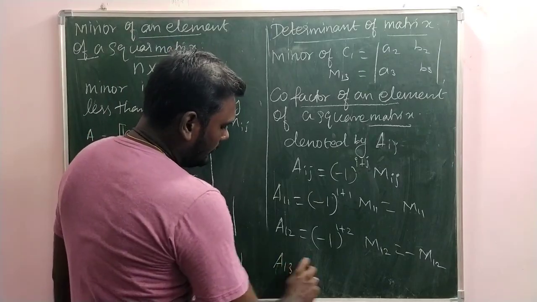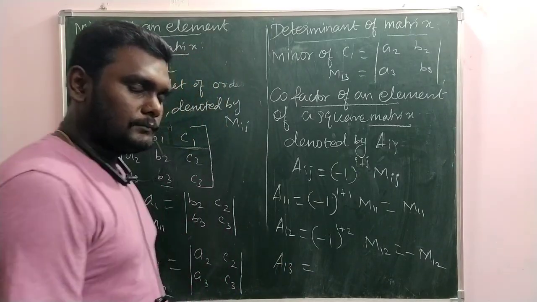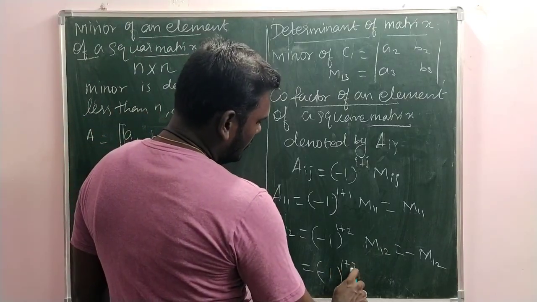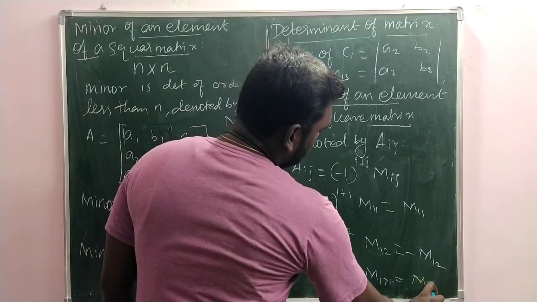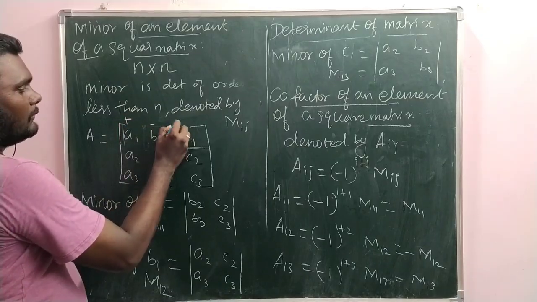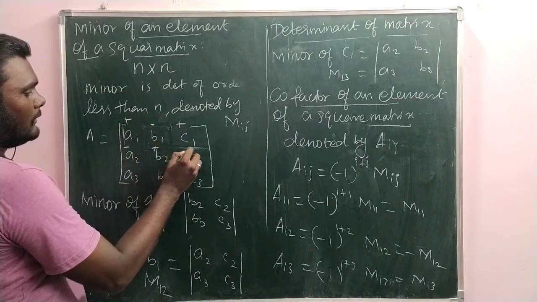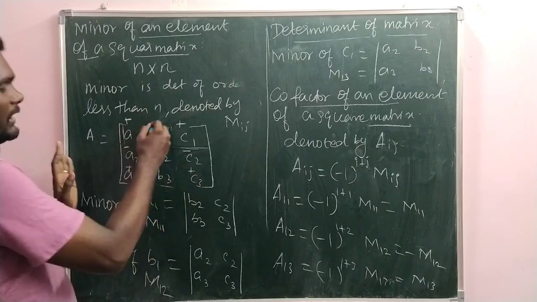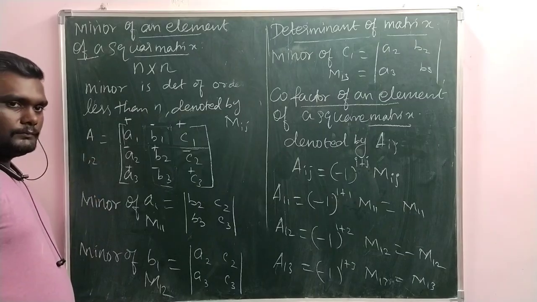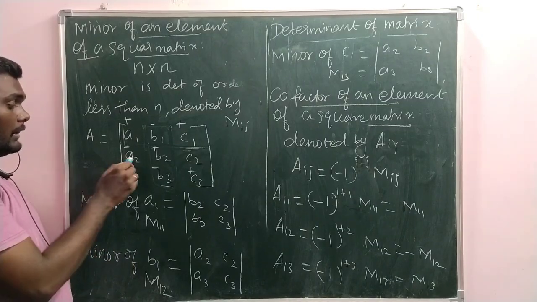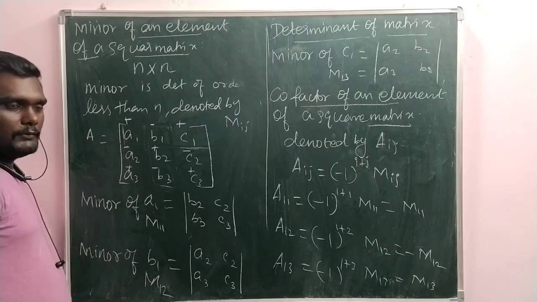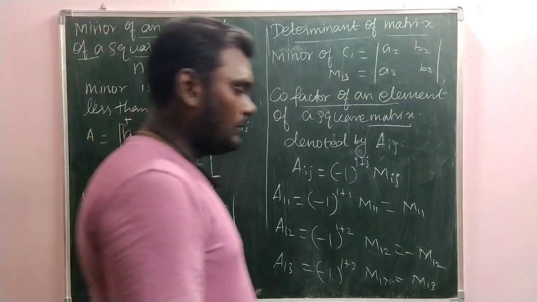And A13, guess what? (-1)^(1+3) M13, it will be positive. Simply see, for this positive, negative, positive, and for the next row negative, positive, negative, I am just putting alternately. Take A21: 2 plus 1 will be odd, so that will be negative.